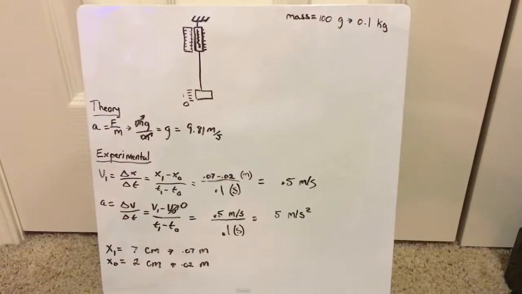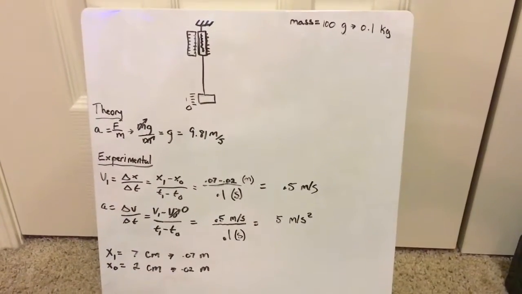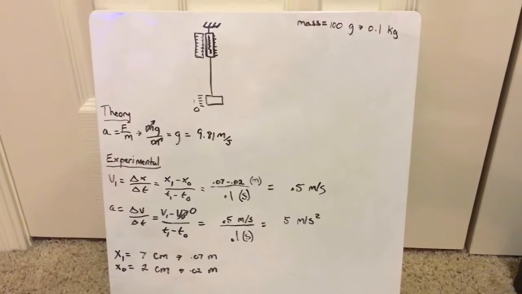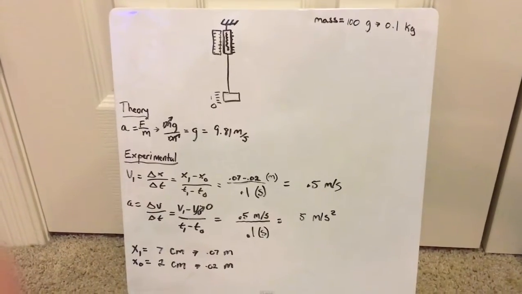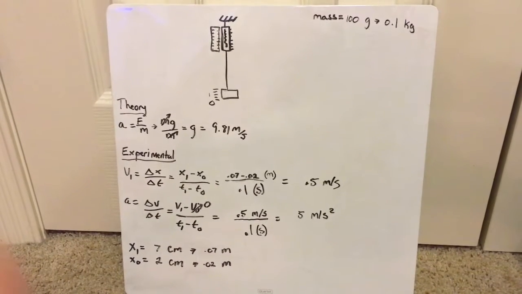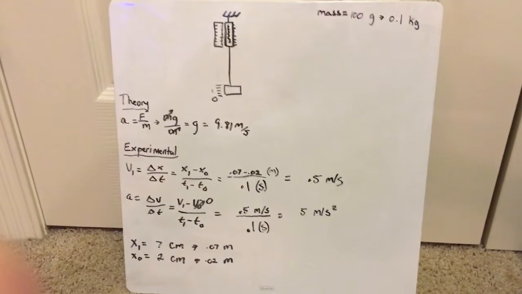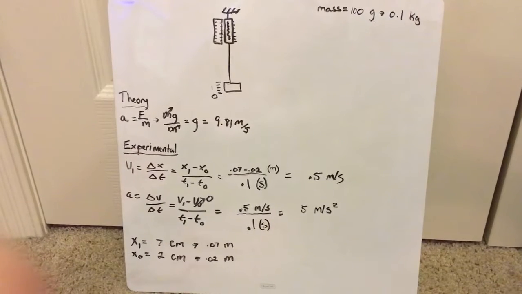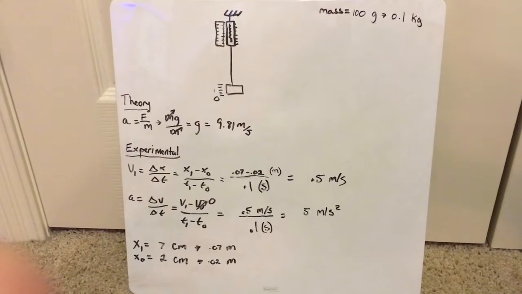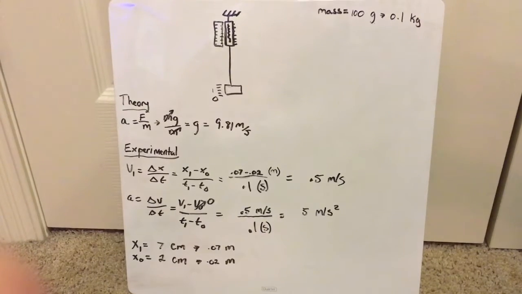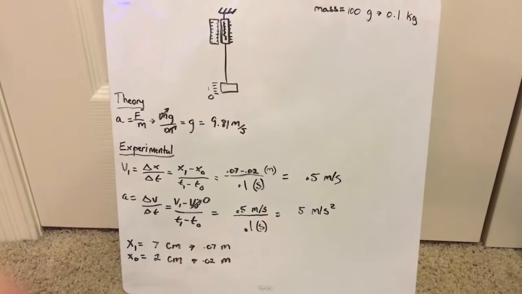We did a similar experiment, but this time instead of dropping 200 grams, we dropped 100 grams to see the acceleration of the mass, theoretical versus the experimental. Again, the theoretical should be 9.81 meters per second squared, but in the experimental, we did the time off the ruler, or the distance off the ruler, and off the slow-mo frame rate, we got the time.